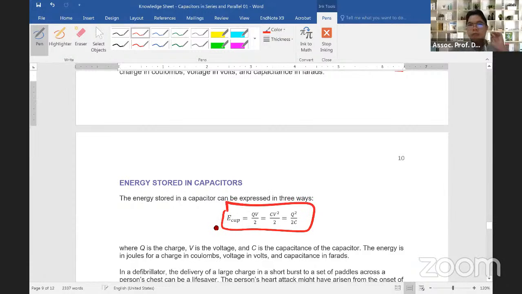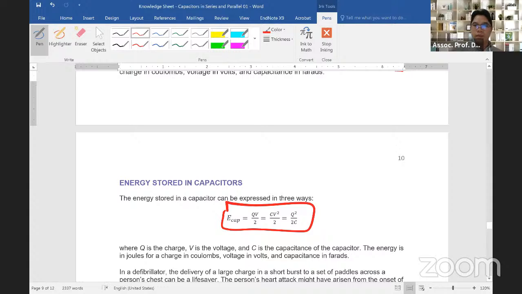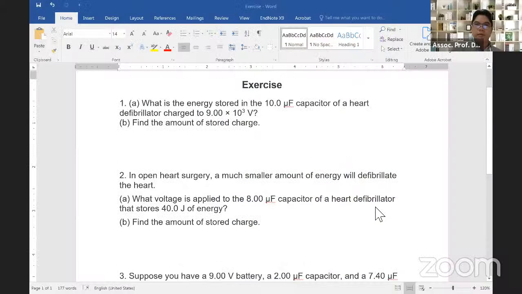If you have the knowledge sheet already, you can open the knowledge sheets, and then we will go to the calculation of the real one. I will share the exercise here. Please do this exercise, just to practice with the formula of the energy.